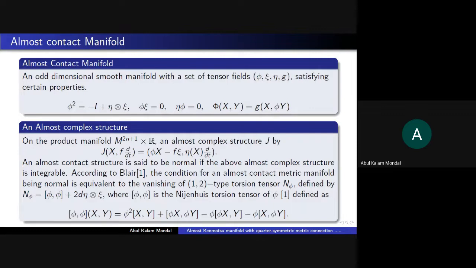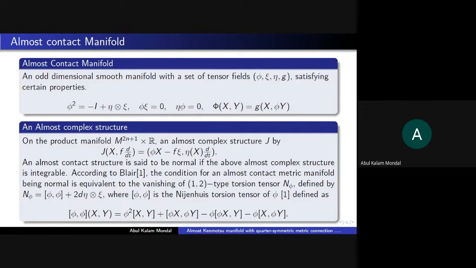On the product manifold, an almost complex structure is defined by this equation, and the almost contact structure is said to be normal if the above almost complex structure is integrable.